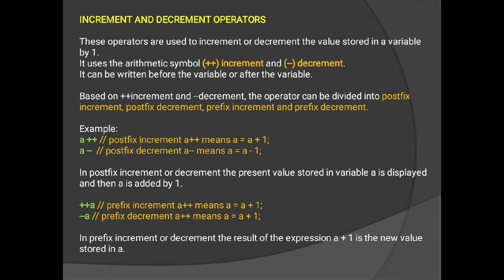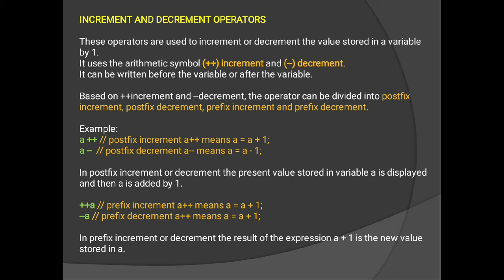So here in prefix increment or decrement, the result of the expression will be the new value stored in a. So in the prefix increment, a equals a plus 1. First a plus 1 will be added, that is 9 plus 1, and then that value will be stored in variable a.